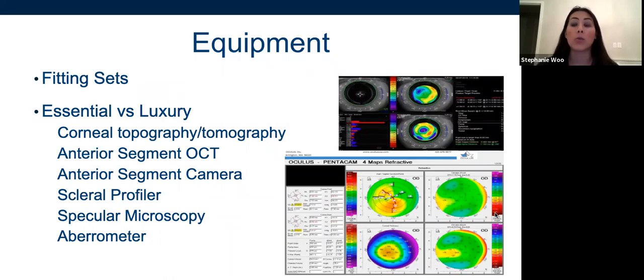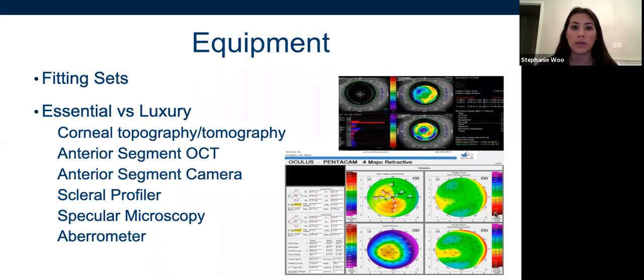So I really wanted a Pentacam, but for the amount of money it cost, that would have eaten up like 30% of my entire budget. So I ended up going with a topographer that was way less expensive. And there's nothing wrong with that. I can always get a Pentacam in 6 months or a year or 2 years or however long it takes me. You don't absolutely have to have the best thing and the most expensive thing.